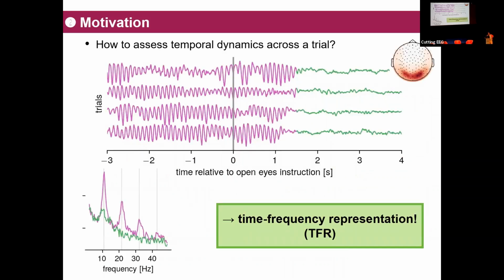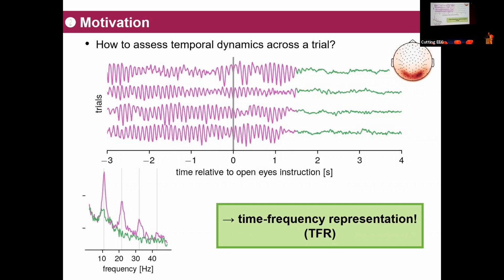Quite often you are also specifically interested in looking at the temporal dynamics across trials. So this is just a very simple task. Just open your eyes and you can see that the rhythm that you have attenuates if the participant opens their eyes.